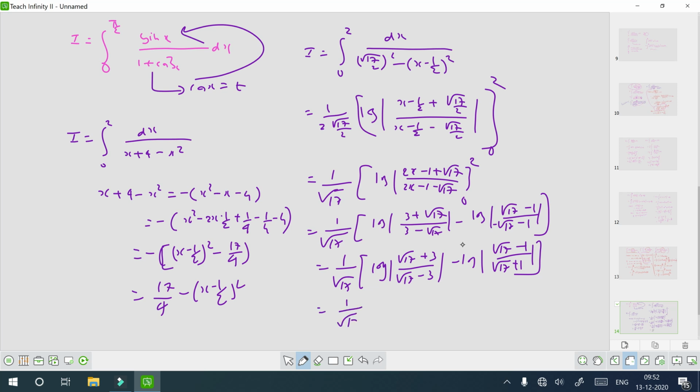1 upon root 17 log (root 17 plus 3) whole square over 17 minus 9, minus log (root 17 minus 1) whole square over 17 minus 1. That is equal to 1 by root 17 into bracket log.